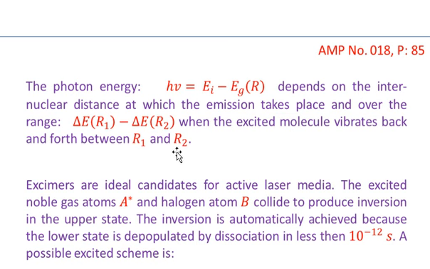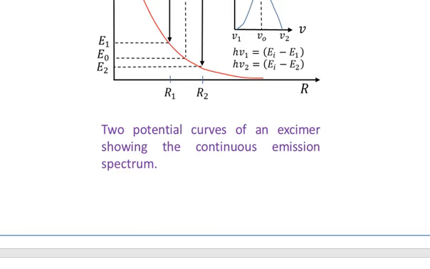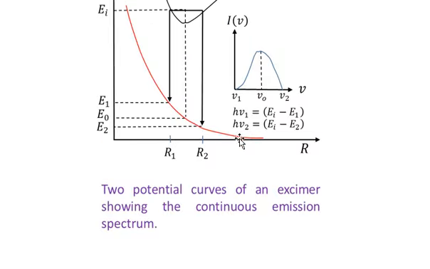You know that for a fixed value of R, I have shown you the band of energies between h nu 1 and h nu 2. There is a band of energies at a fixed value of R, and that fixed value of R is in the range from R1 to R2. So in the range of R1 and R2, you can have a continuous range of energies.